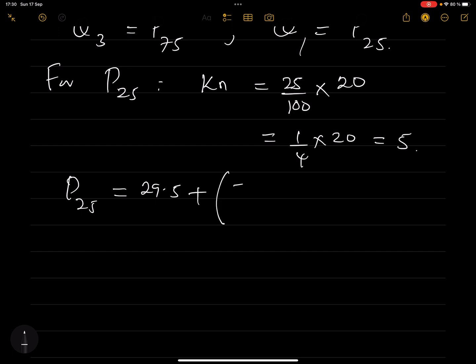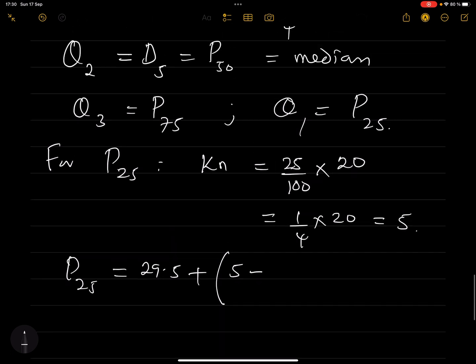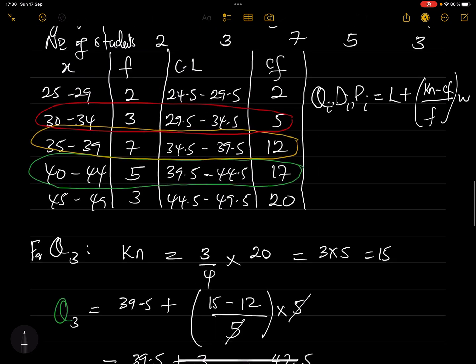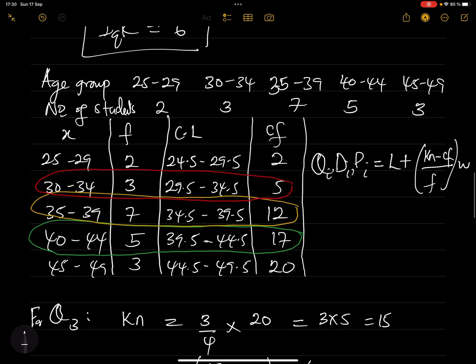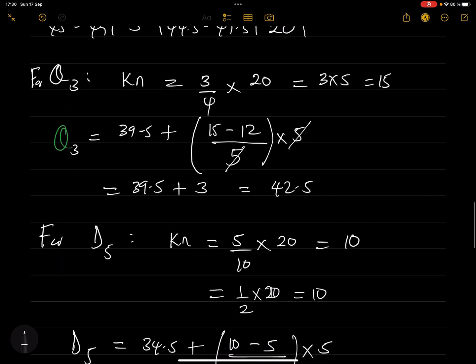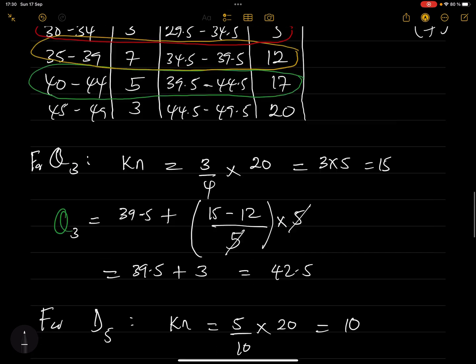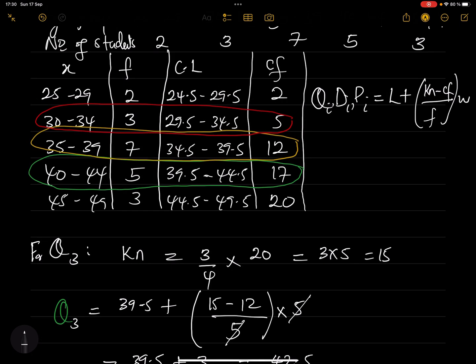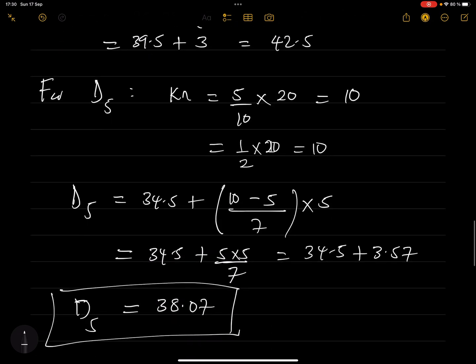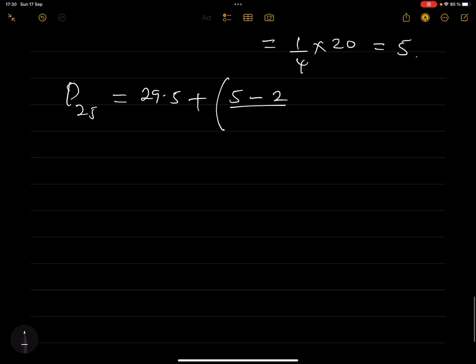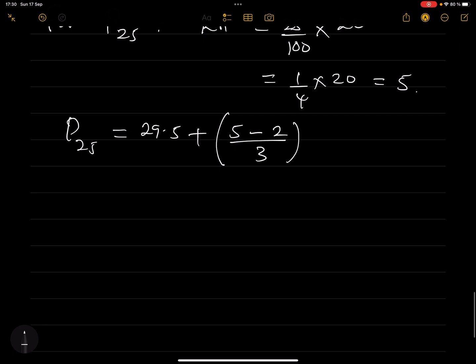My Kn is 5 minus the cumulative frequency before the location of interest, which is 2, divided by the frequency of the location of interest, which is 3, multiplied by the class width, which is 5 because the width is equal for all the intervals.